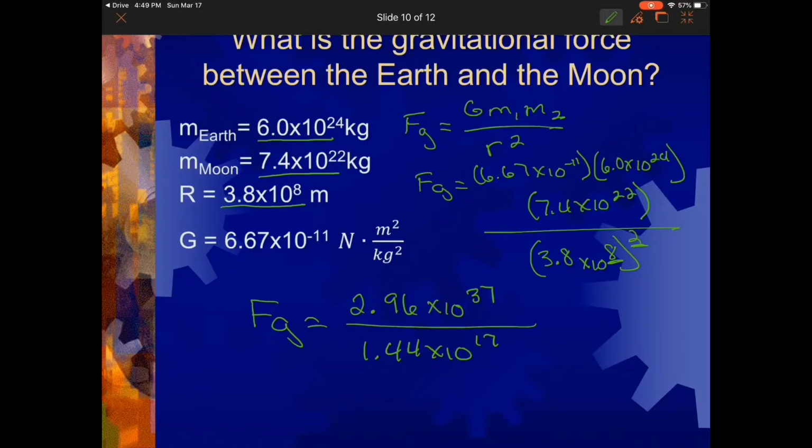Now, using parentheses around basically everything, take 2.96 times 10 to the 37th divided by 1.44 times 10 to the 17th. And you should come up with a number of 2.06 times 10 to the 20th newtons.